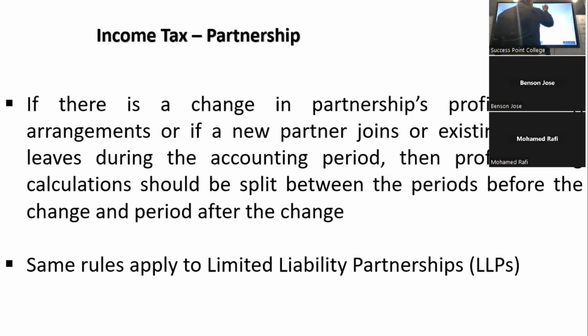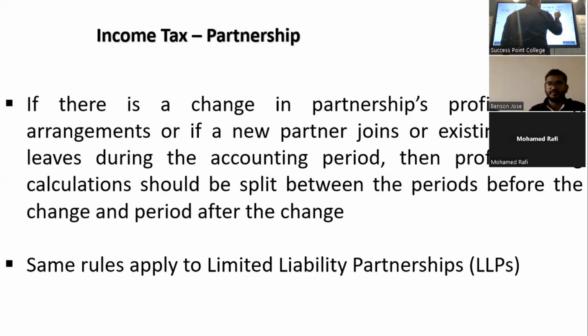Partnership profits for the year ended September 19 are, let's suppose, 72,000. Year ended September 20, the profits are 84,000. And year ended September 21, the profits are 96,000.